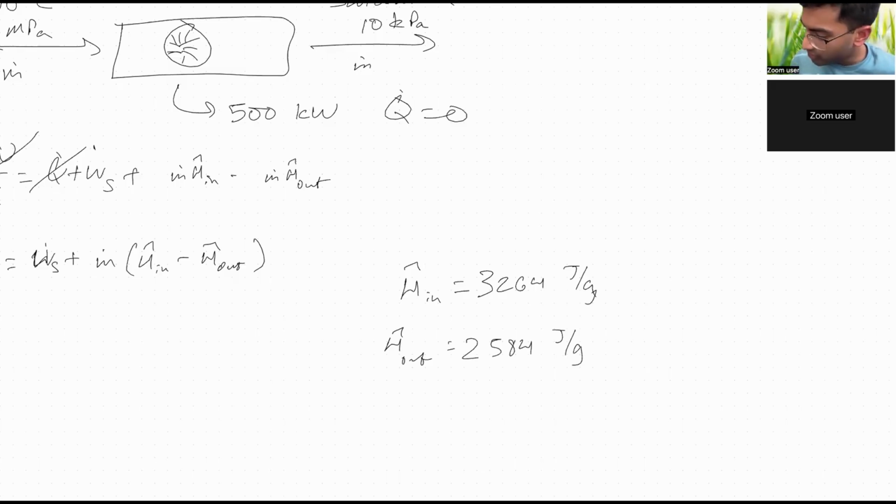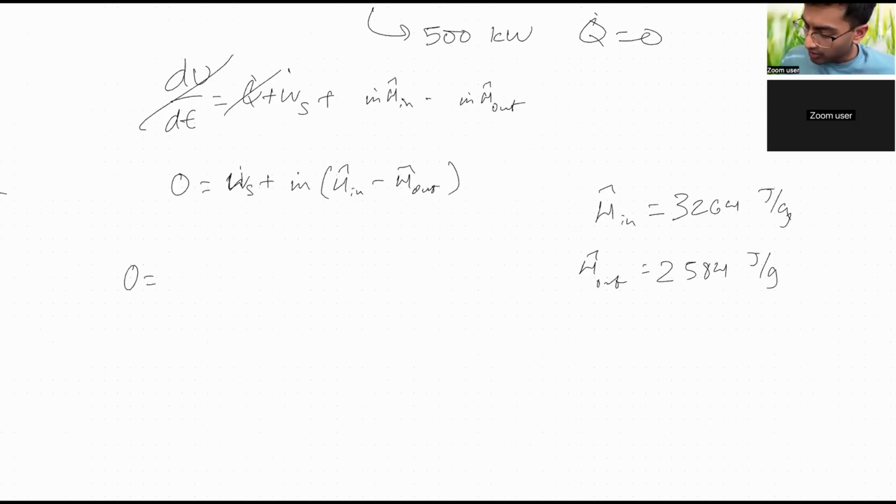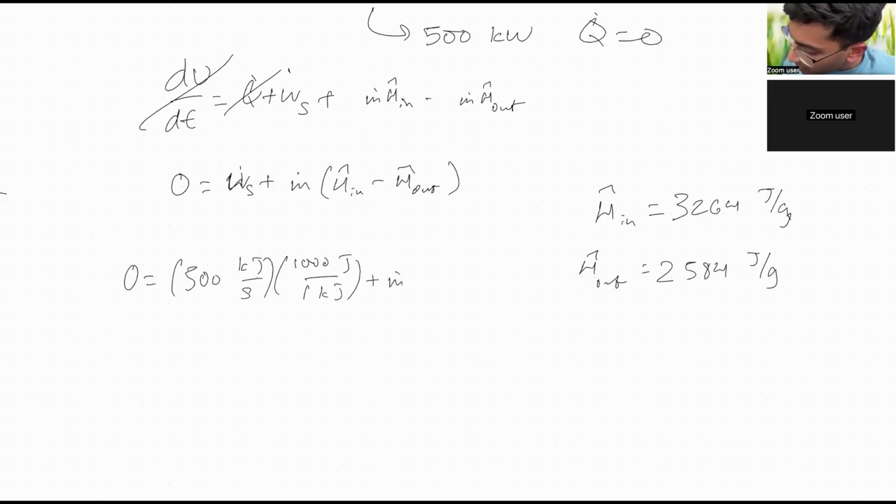So now we should be able to solve this. So we have 0 is equal to, I'm going to convert this to joules to make everything easy, 500 kilojoules per second. There's 1,000 joules in 1 kilojoule. Plus the mass flow rate times 3264 minus 2584. This is joules per gram. And so now we just solve for the mass flow rate, which is equal to 500 times 10 to the 3.